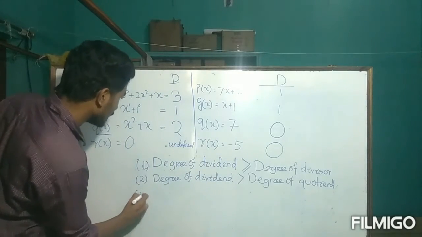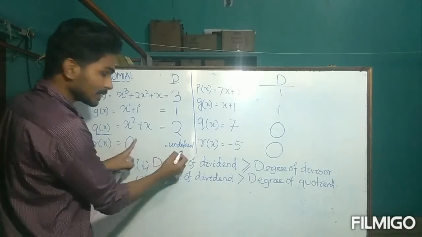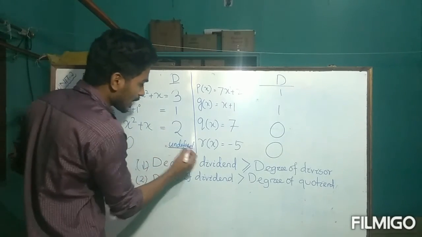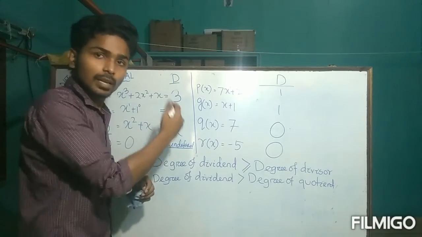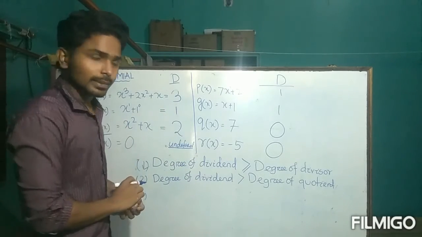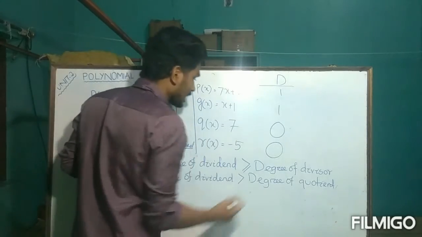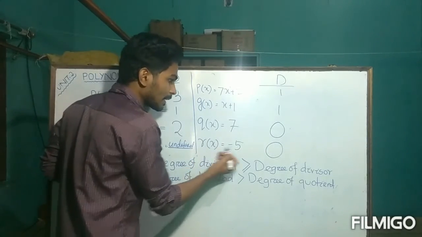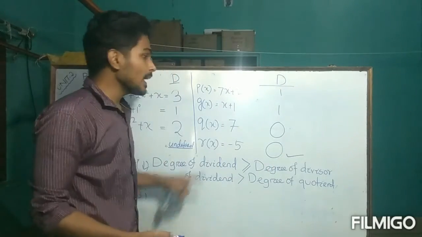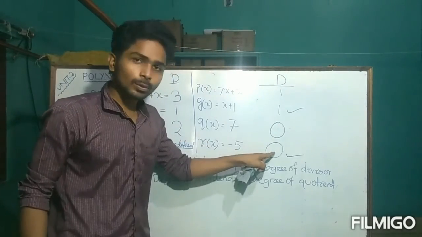Here you see the degree of the remainder in the first case is undefined, that means it has no value, and the degree of the divisor is 1. That means 1 is greater than undefined. Clear? In the second case, the degree of the remainder is 0 and the degree of the divisor is 1, so 1 is greater than 0.